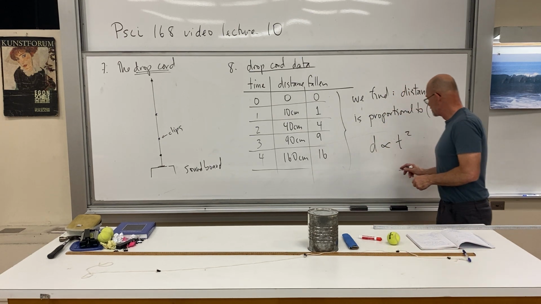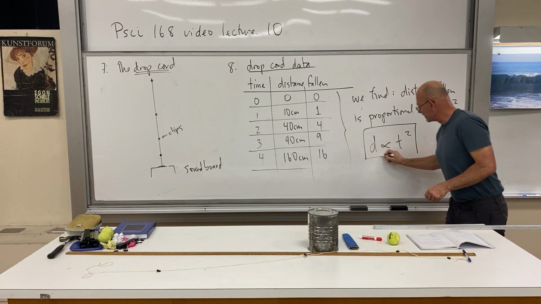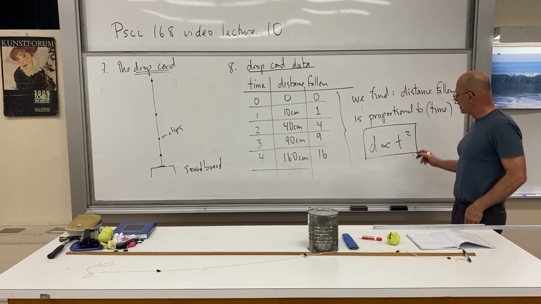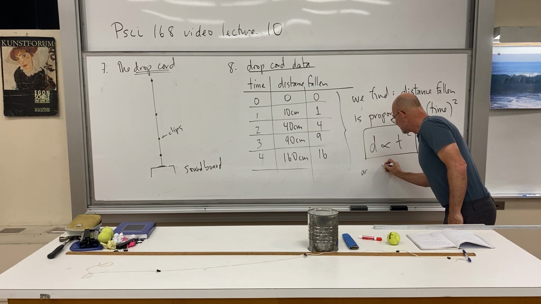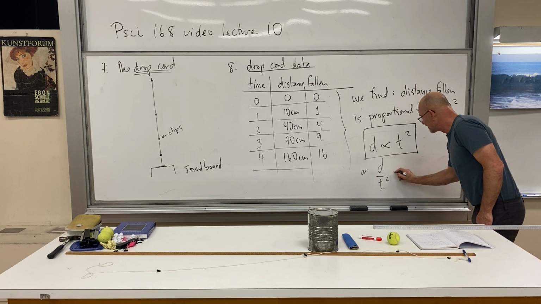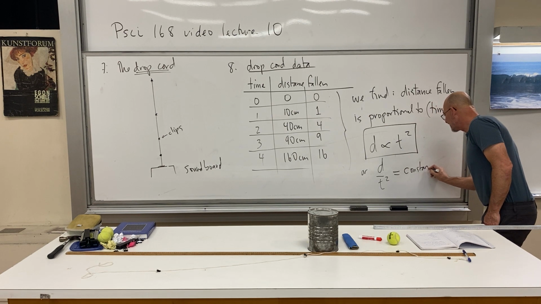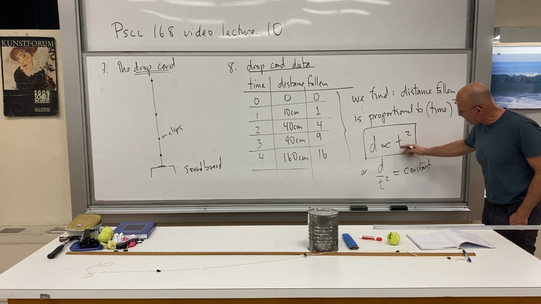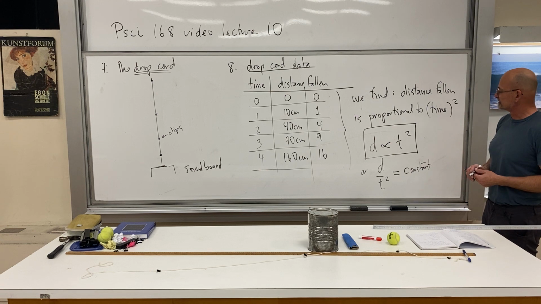Now, we've gotten a lot farther now with our law of free fall, and I'm going to draw one conclusion here: d over t squared is constant. That's what it means to have a proportionality. D divided by t squared, I'm just dividing both sides by t squared, is constant.